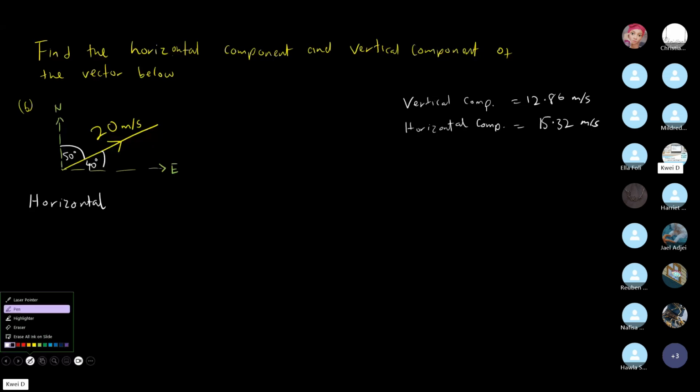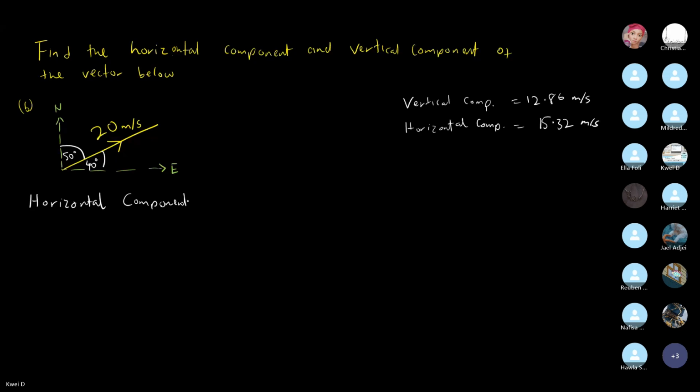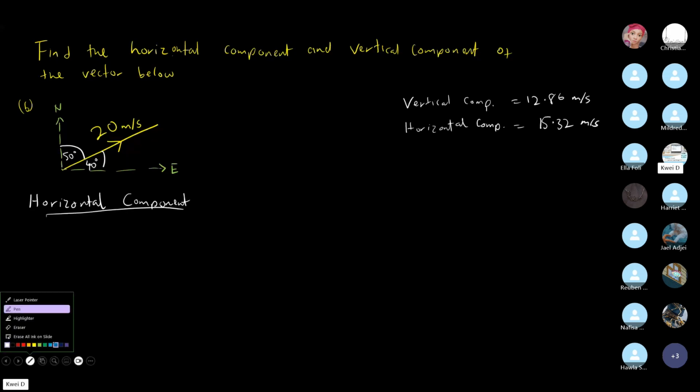So with the horizontal component, we can take any of the right angle triangles. So let's take the bottom one. Since we are dealing with velocity, we can use Vx instead of, V meaning velocity.